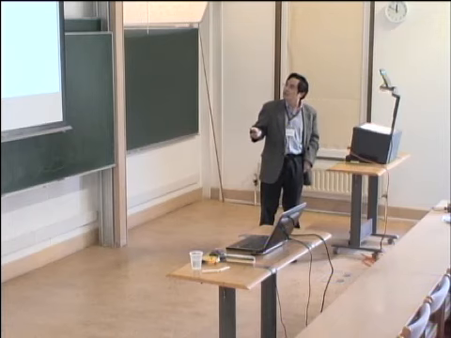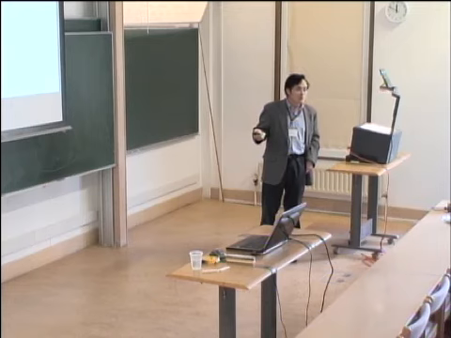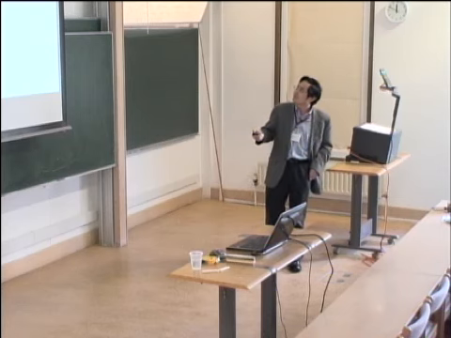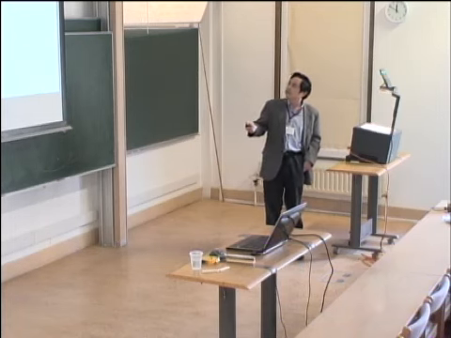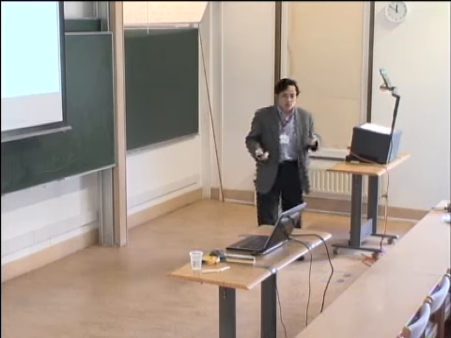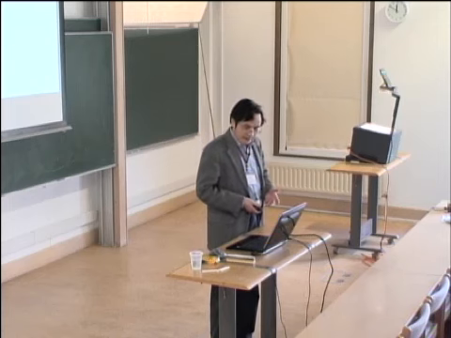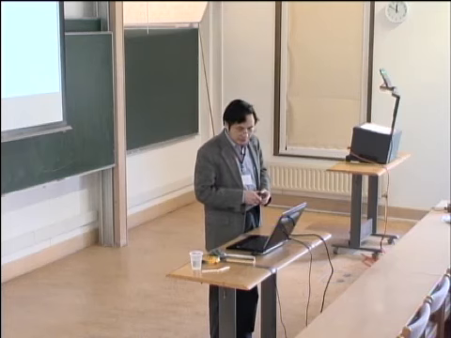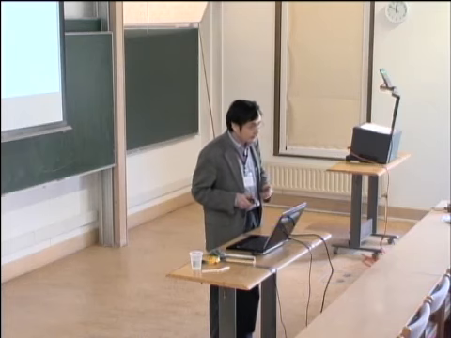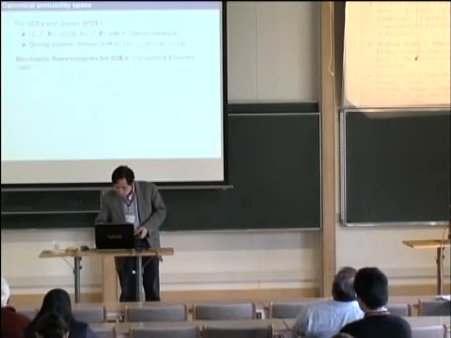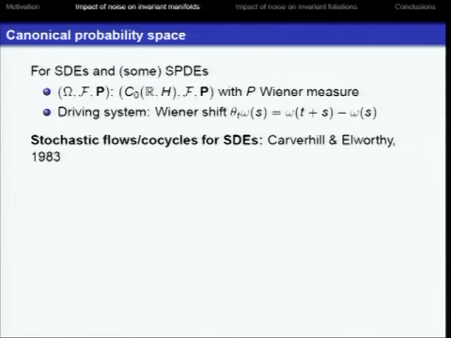And here we have a topology, therefore we can do something more, or at least visualize some paths. The driving system for SDEs or SPDEs is just the Wiener shift. And the Wiener shift is better than the driving system I just mentioned. The Wiener shift is ergodic, so P is the invariant measure for theta t, and it's also ergodic. So it's better. It has more features that we can use.